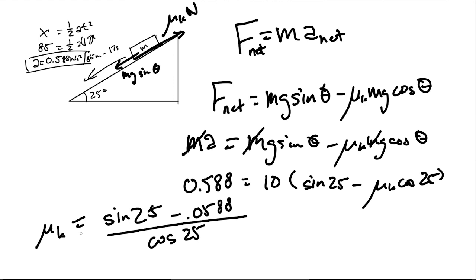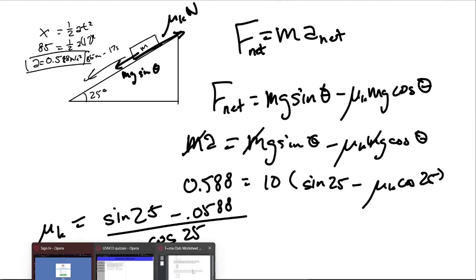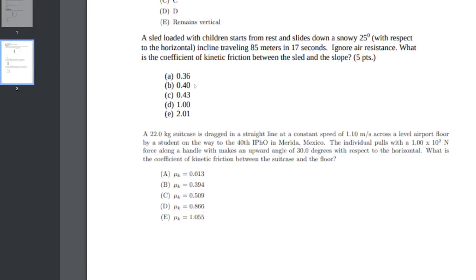And we can plug this in. Let me do this actually. Sine 25 minus 0.0588 divided by cosine of 25. And I'm going to get 0.401, which is going to be this b, right?